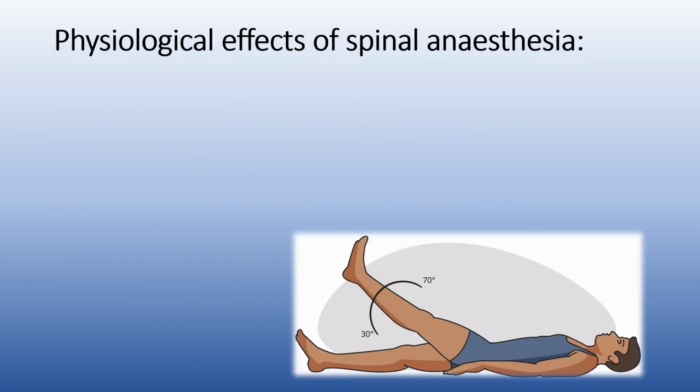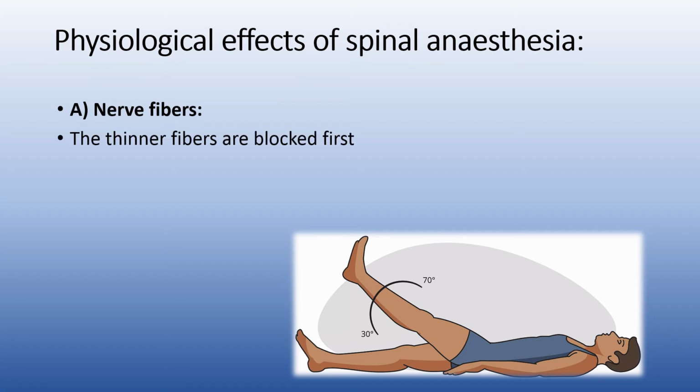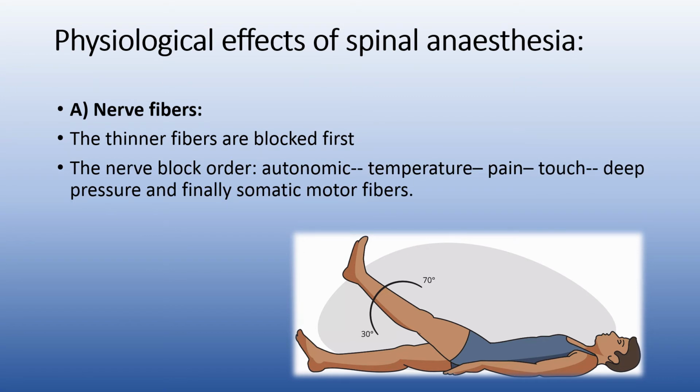Physiological effects of spinal anesthesia. Nerve fibers: the thinner fibers are blocked first. The nerve block order is autonomic first, then temperature, then pain, then touch, then deep pressure, and finally somatic motor fibers.